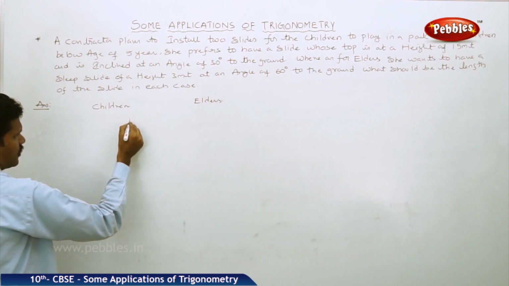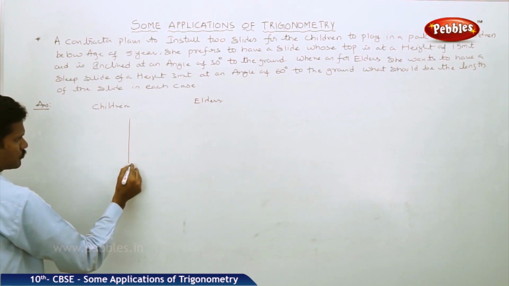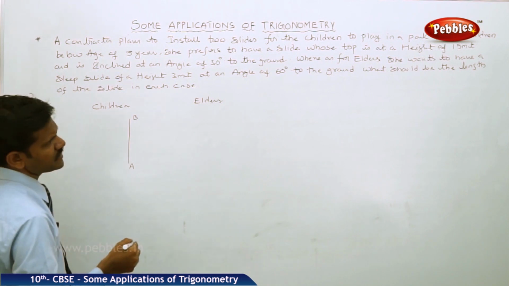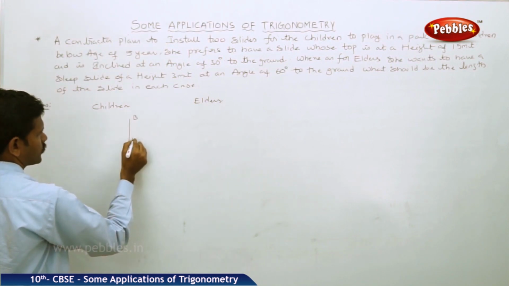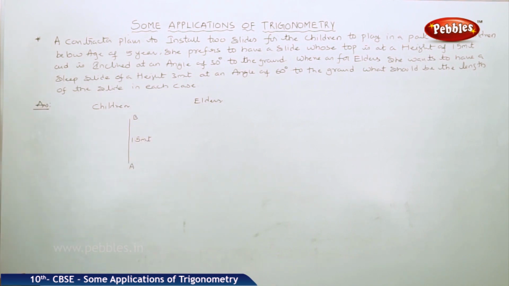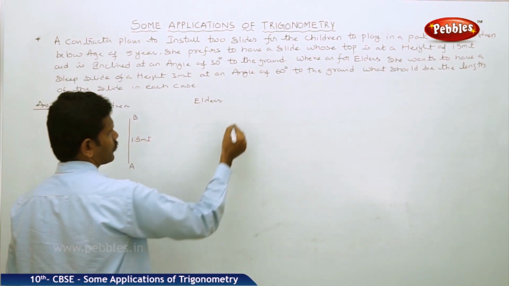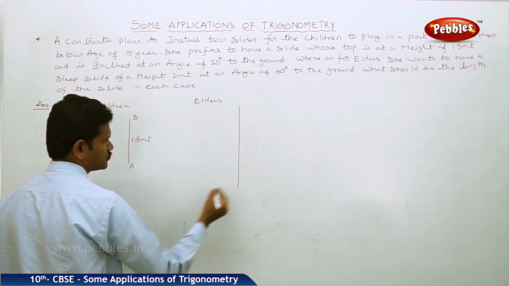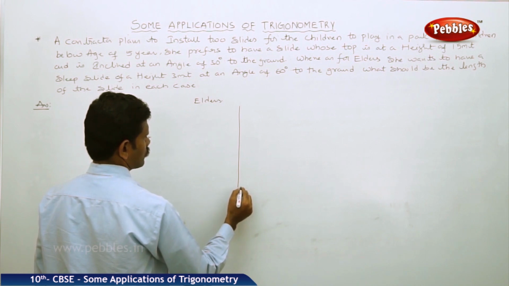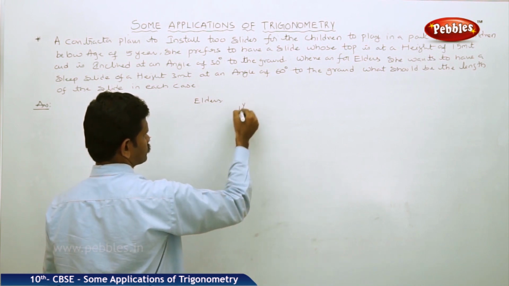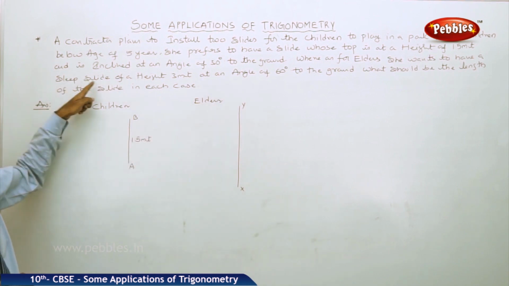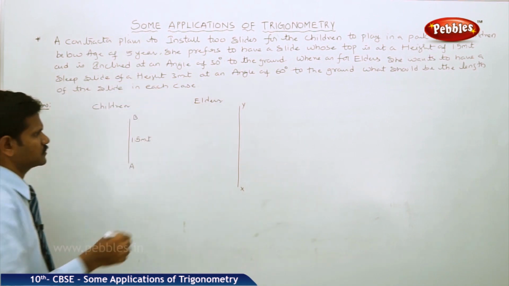For the children of age group, AB, height is 1.5 meters, and at the same time for elders, XY. For elders, she wants to have a slide of height 3 meters.